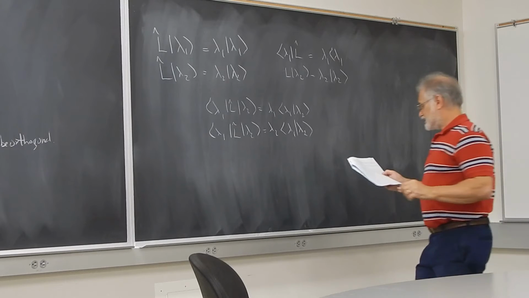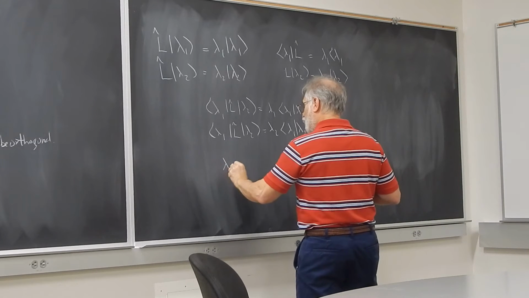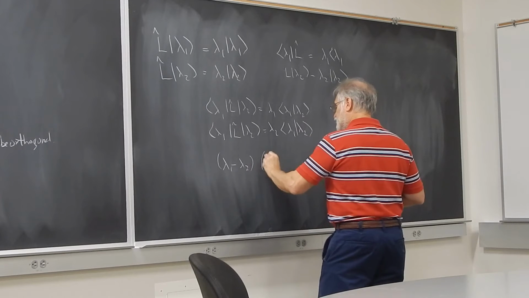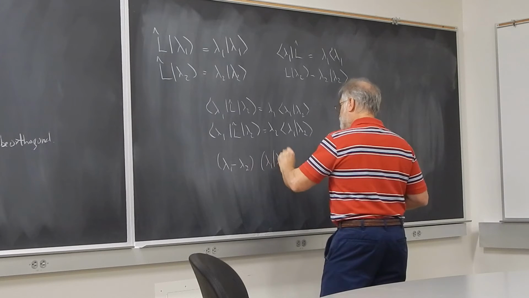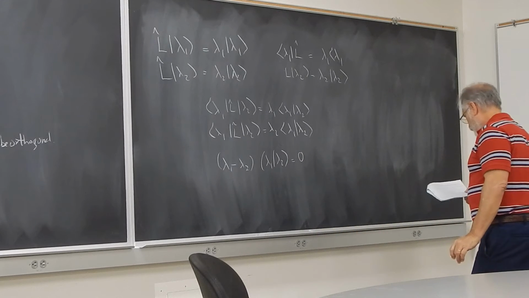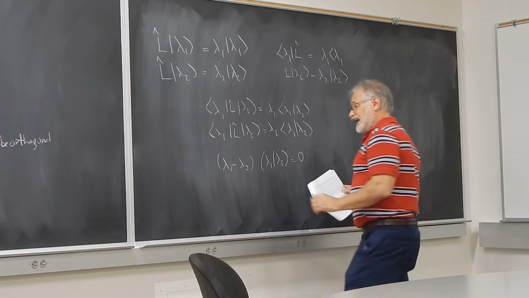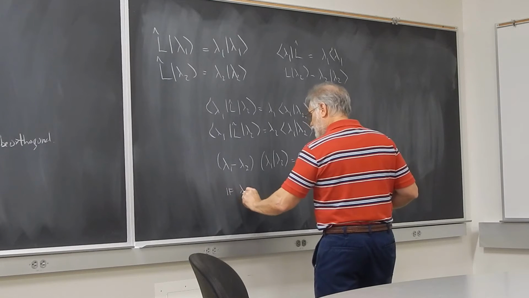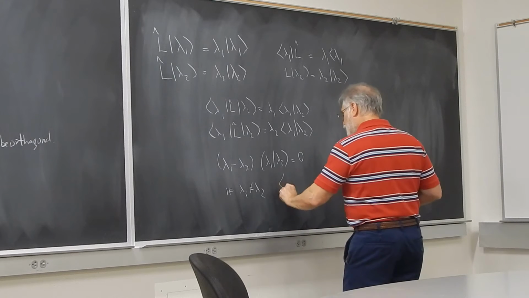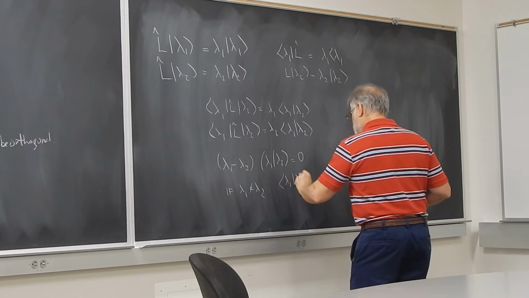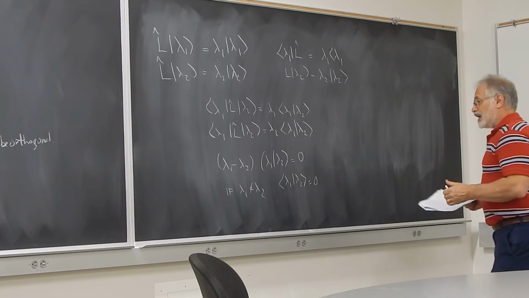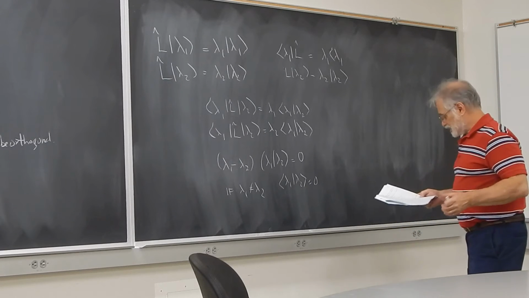Now let's subtract. We'll get lambda 1 minus lambda 2 times bra lambda 1 ket lambda 2 is equal to 0. So if lambda 1 is not equal to lambda 2, we know that bra lambda 1 ket lambda 2 in the brackets will also equal 0. And thus, the eigenvectors, of course, are orthogonal.